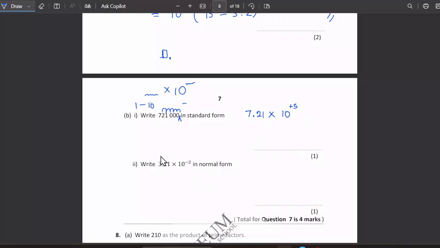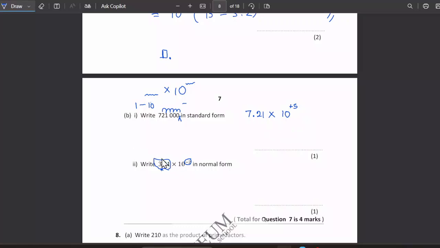Okay. Now the decimal point is in between 3 and 2 here. So we have the power minus 2. That means if there is a standard form number with a negative power, this number is actually smaller than this.